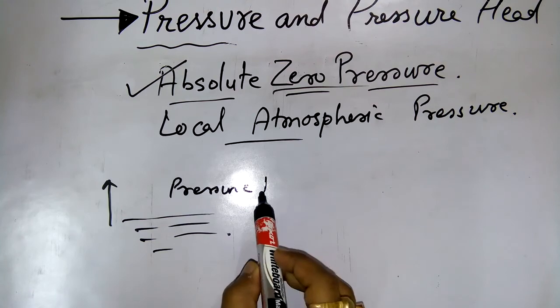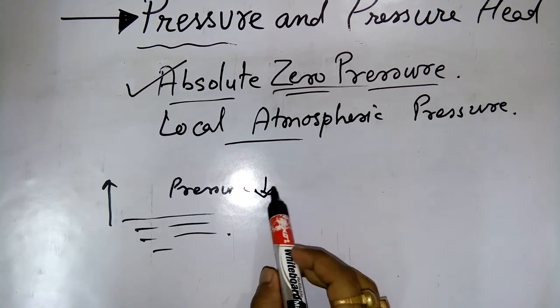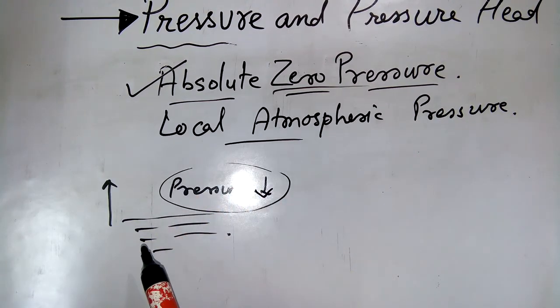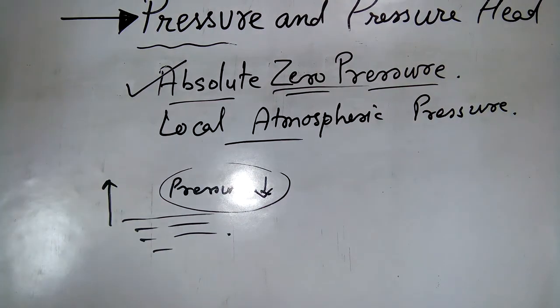Which pressure? Local atmospheric pressure, it goes on decreasing. That means people living in the hilly regions, there the local atmospheric pressure is very less. That's why water boils very quickly. It does not take 100 degrees Celsius.